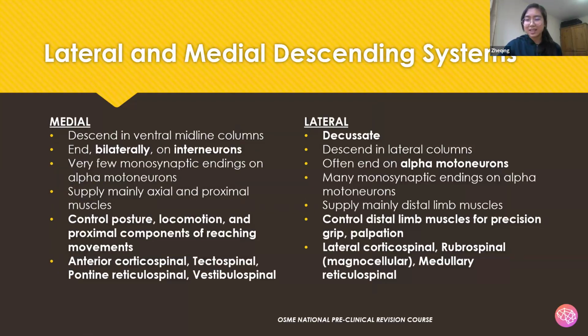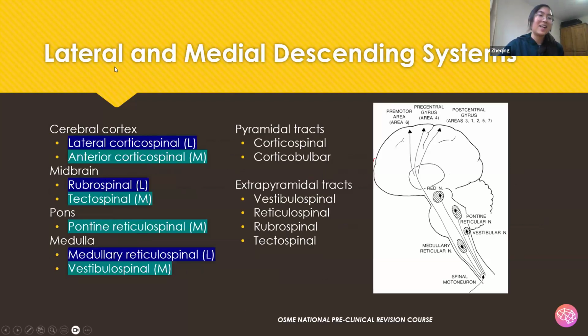the lateral tracts, and I've color coded them, and also listed them based on where they originate. From the cerebral cortex begins the corticospinal tract, and then you have the lateral as well as the anterior corticospinal tract. The anterior corticospinal tract is medially located.